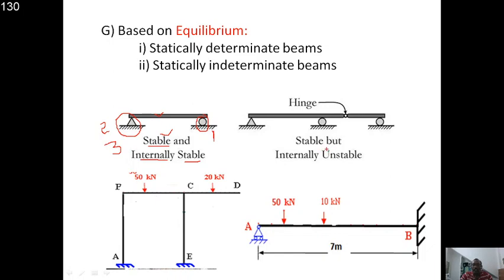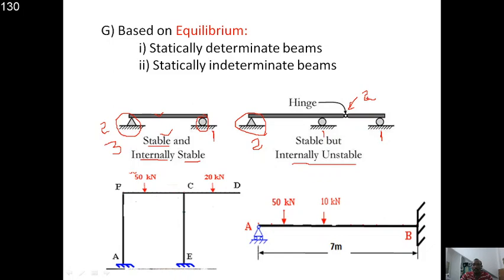Whereas the stable but internally unstable case, you see that here, from the hinge we have the 2 components, 2 reactions we have, and for this one, one vertical reaction, and for the roller also another reaction, and for the hinge here also a hinge is there, hence 2.